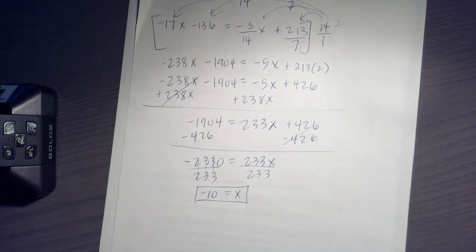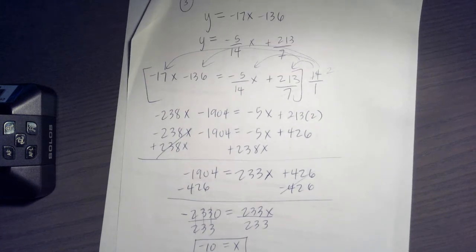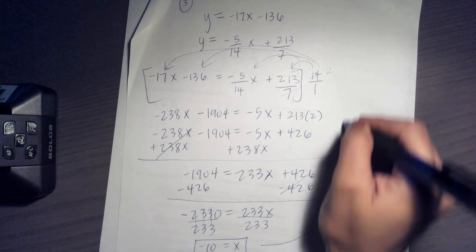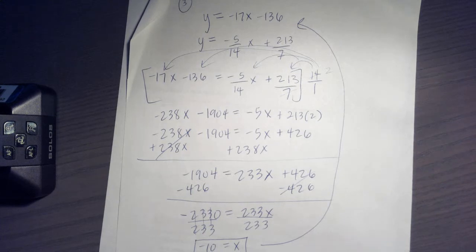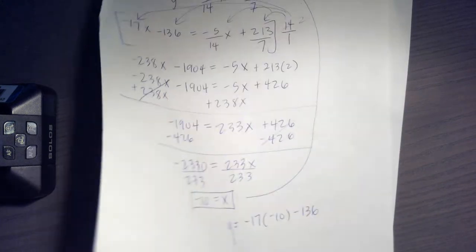Now, I'm going to look back to my original problem, and I'm going to see, okay, what do they have in common, or which one's the easier one to plug into? I'm going to plug in negative 10 all the way back here. So that'll give me y equals negative 17 times negative 10 minus 136.